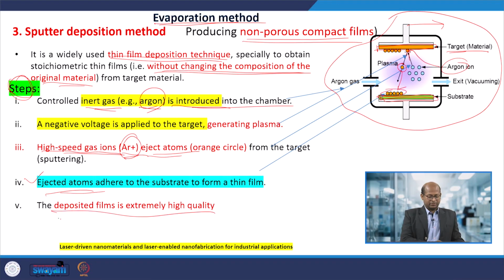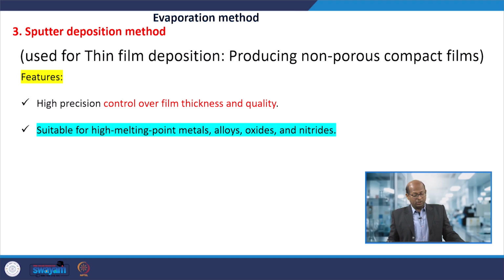Since initially it was a vacuum and then inert gas was used, the films that are deposited are of extremely high quality, and impurities are very low in this sputter deposition method. In these methods we can control the film thickness and quality, if we are able to maintain high pure gas and high pure materials.